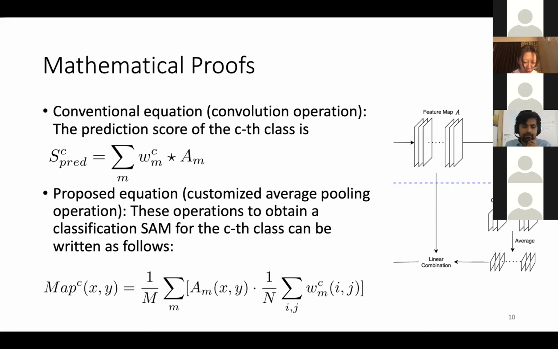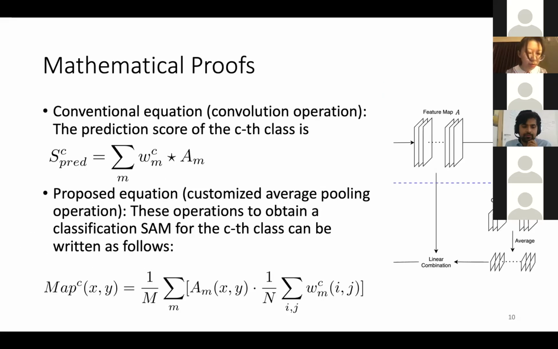The prediction score of the C-th class is computed by the convolutional kernel star feature maps, where star is the conventional convolution operation. The conventional operation cannot work well for interpretation when the input data are sparse, which will be illustrated in the next slide with a toy example.